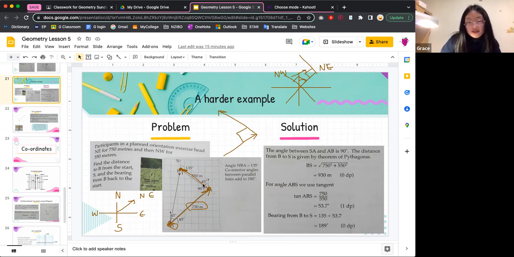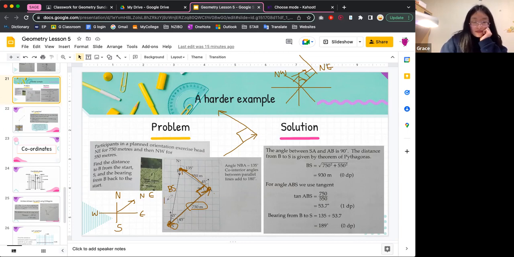All right, so now we've got this triangle right over here. We've got 90 degrees here. We have to find the distance to B from the start, so that's this side over here. We'll call it BS, because B here and S there, and this is the hypotenuse.